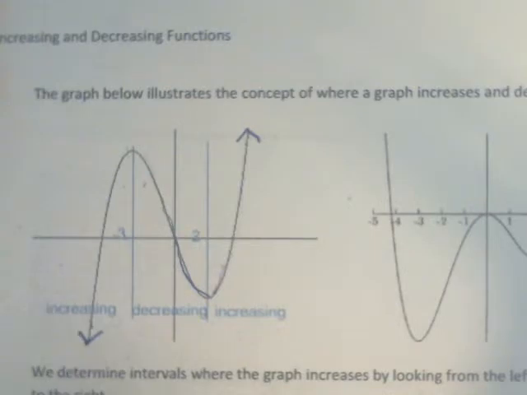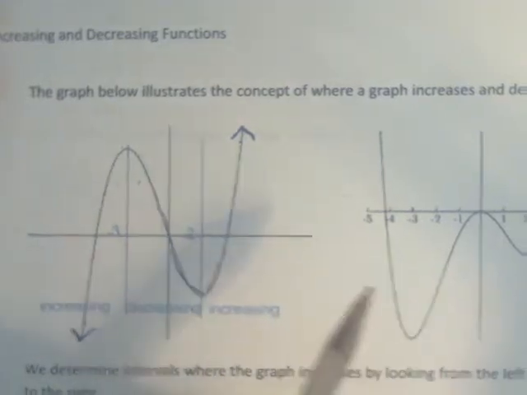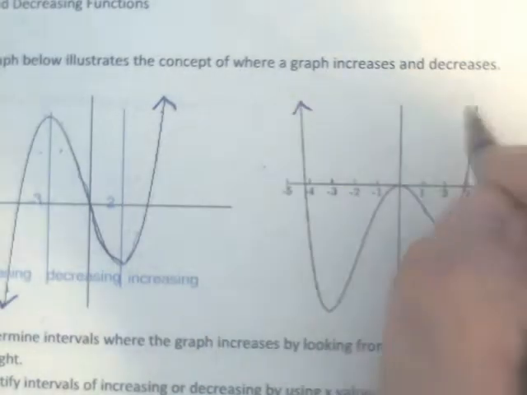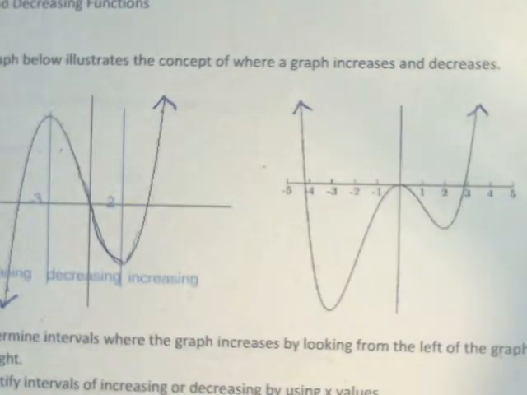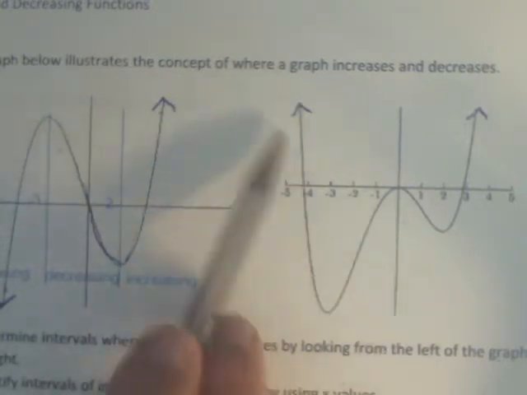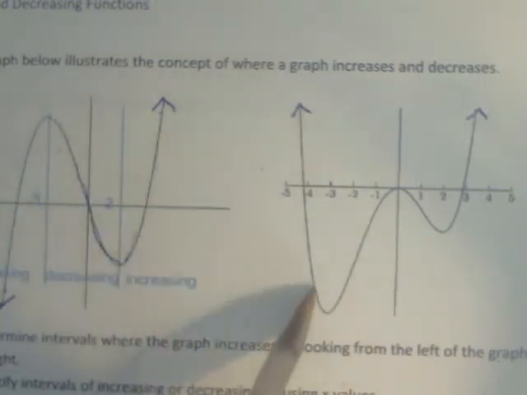Now, you're going to have to answer questions like, where is the graph increasing? Where is the graph decreasing? Well, we look left to right, and then we use our x values to determine where things are increasing and where they are decreasing. I'm going to put my arrows on here because we are assuming it's going on forever. The arrow's going up, but as we go left to right, the graph is actually decreasing.